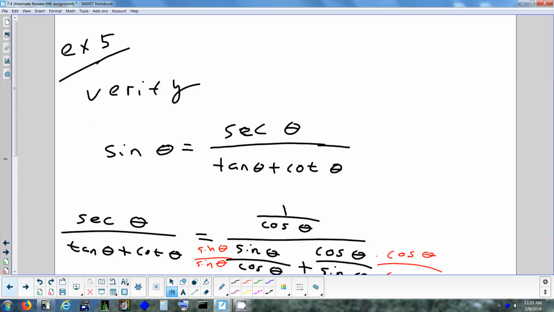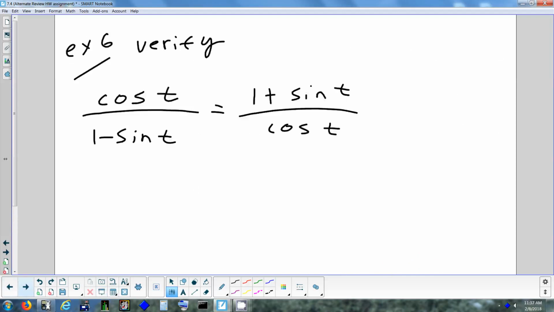Which side is more complicated? Each side has the same number of operations. Each side has exactly the same functions. It's just the difference between one side has a plus, one side has a minus. So they're pretty similar. And because of that, you could start with either side. So do we want to start with the left side or the right side?